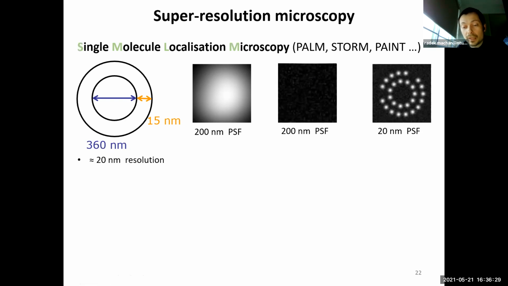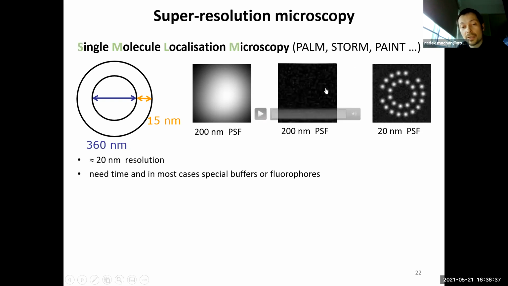So I can get about 20 nanometer resolution, but the experiments are quite lengthy. Usually to make the fluorophores blink in such a way that they are mostly dark and on only for a short time, so that only few fluorophores would be on at a time, I need special buffers, or I need special fluorophores.